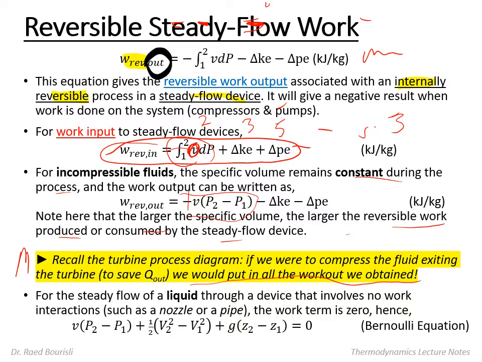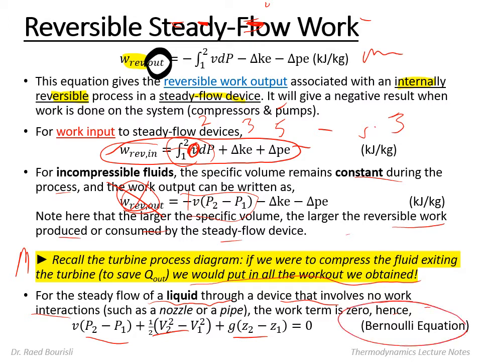For the steady flow of a liquid through a device that involves no work interaction, so this term is nothing. I don't have any work, like a nozzle or a pipe. The work term is 0, so these three things are 0.